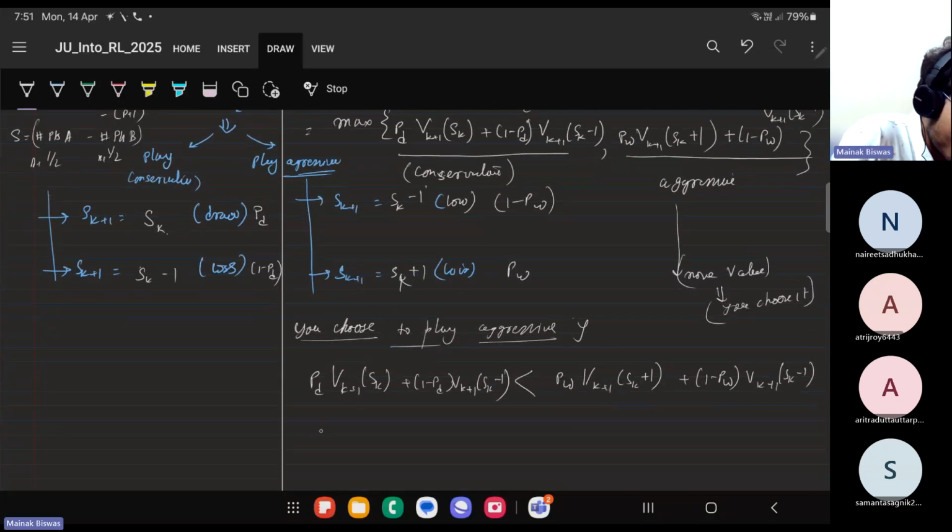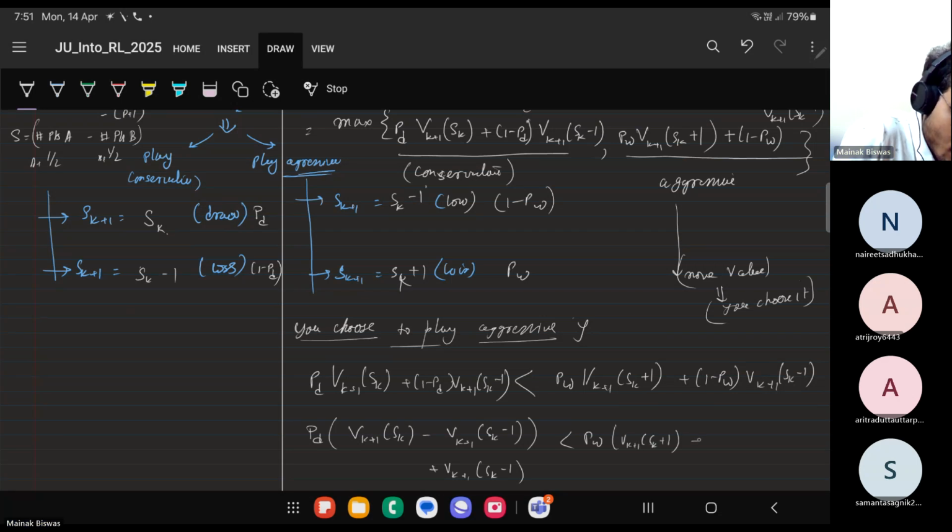So now, what will I get? I'll get PD times V at K plus 1, SK, minus V at K plus 1, SK minus 1, plus V at K plus 1, SK minus 1, on one side, and PW times V at K plus 1, SK plus 1, minus V at K plus 1, SK minus 1, plus V at K plus 1, SK minus 1.